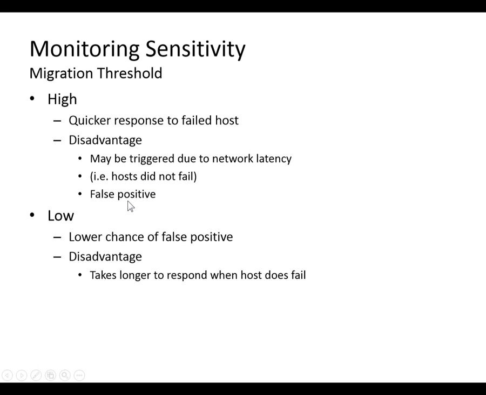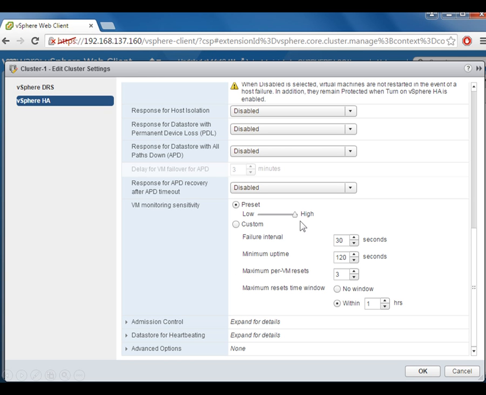And this is what we call a false positive. On the other hand, if we set the migration threshold to low, then there's a lower chance of a false positive, but it will take longer to recover from a failed ESXi host. Here at the Community College of Baltimore County, we set it to high because we have pretty reliable networks.